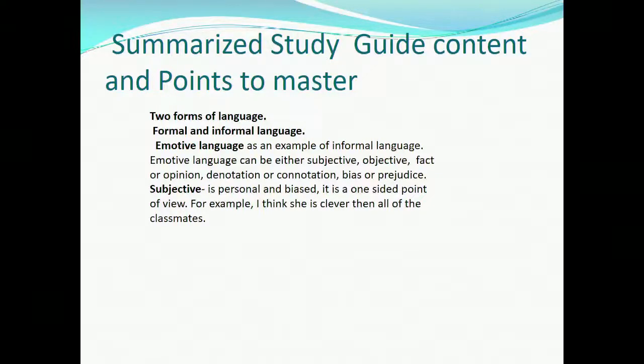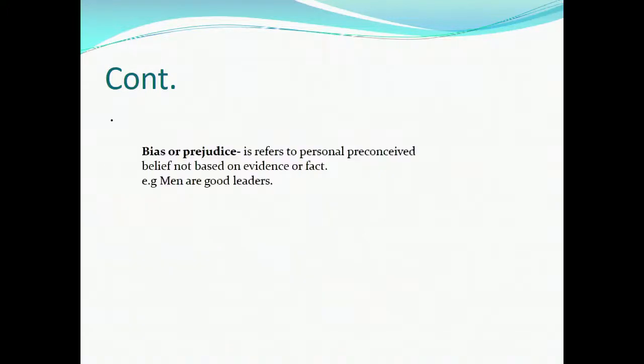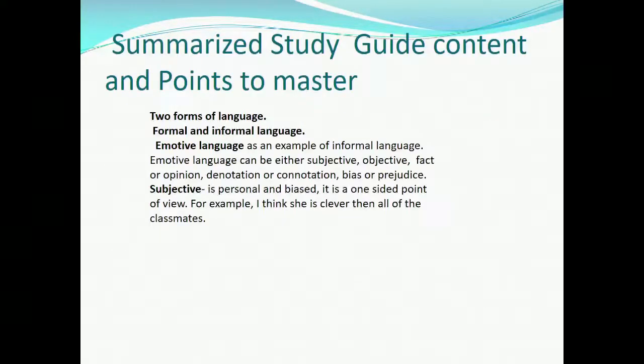And what is emotive language? You must know what it is. We have subjective language, objective, denotation, connotation, and so on, bias and prejudice. So those are components of informal language.